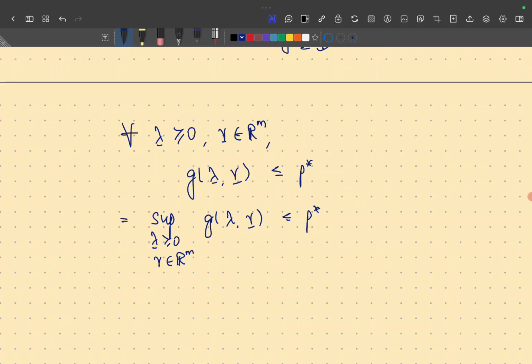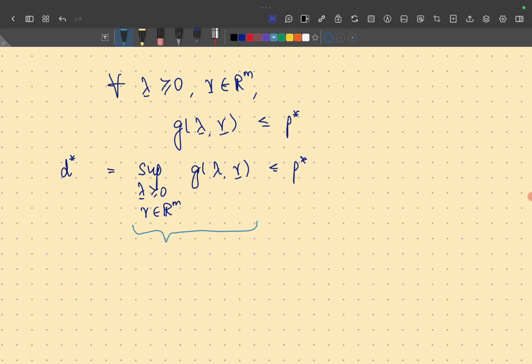So I'll give this some notation. I'll call this d star. Of course now I have another constrained optimization problem over here. I don't claim to have simplified my original problem. Think of it as a different way of looking at the original problem itself for now. So this is what is called the dual optimization problem.